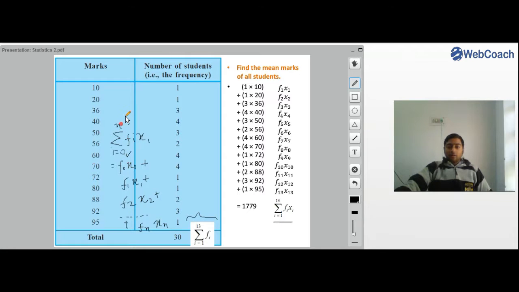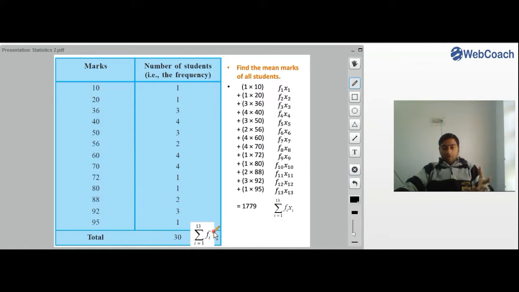You should be careful of the starting value and the ending value. Now here we have taken all the terms starting from 1 to 13, so we are adding all the terms f1 x1 up to f13 x13. And here also we are adding all the frequencies starting from f1 till f13. You should be careful of the starting and the final value and also the term given in the summation symbol.